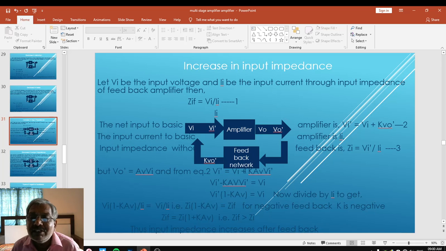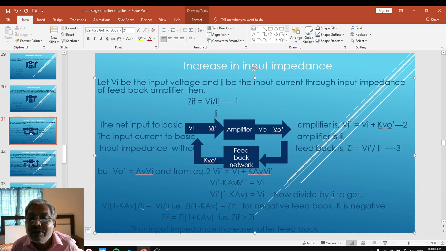By mathematical manipulation, taking K into Av into Vi dash to the left side, Vi dash minus K into Av into Vi dash becomes equal to Vi. Let me take Vi dash common, so that we get Vi dash into 1 minus K into Av, equal to Vi.